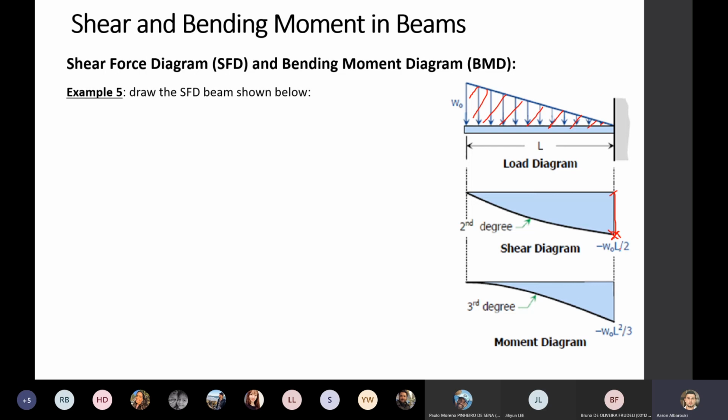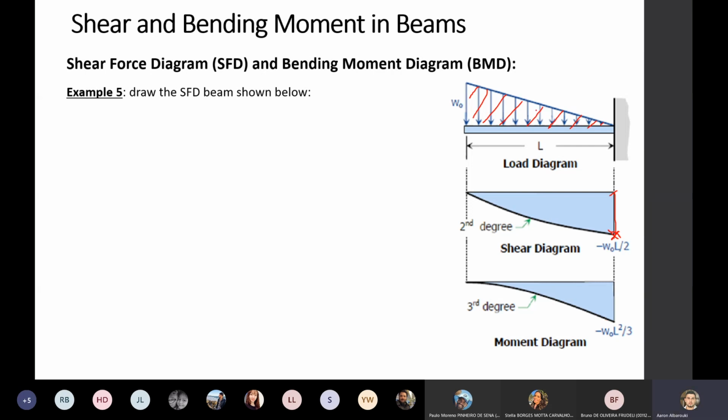Again, is it increasing or decreasing? We are starting from a value of 0 and going to a negative value. This time, is it increasing or decreasing? Decreasing, that means the curve is facing down.